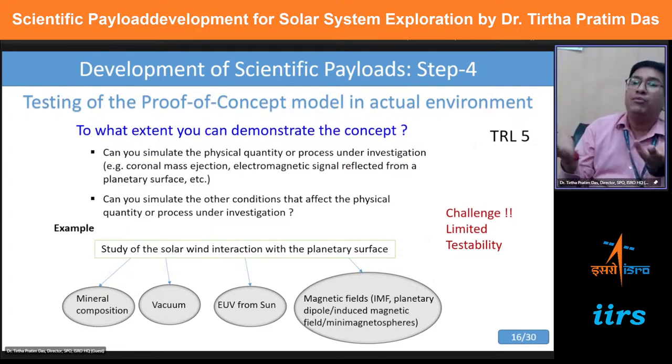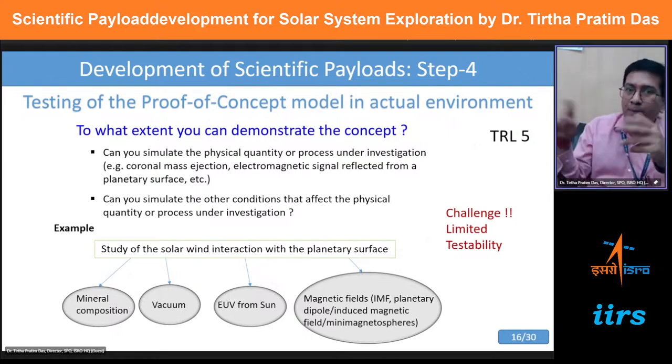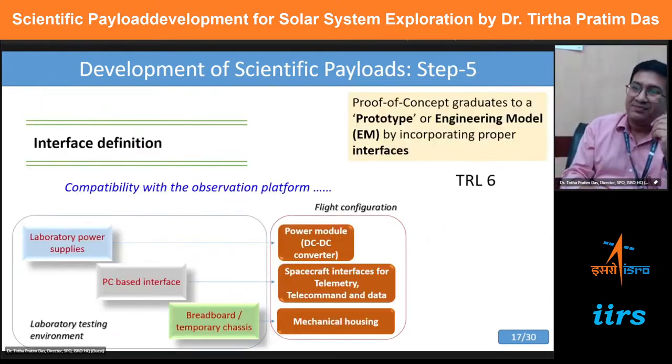All this laboratory simulation you can do and test the proof of the concepts. And I tell you, many of the times it is not possible to completely test it in the actual environment which is expected to be seen in the space. And this step 4 maps to TRL 5, if you go back to that list.